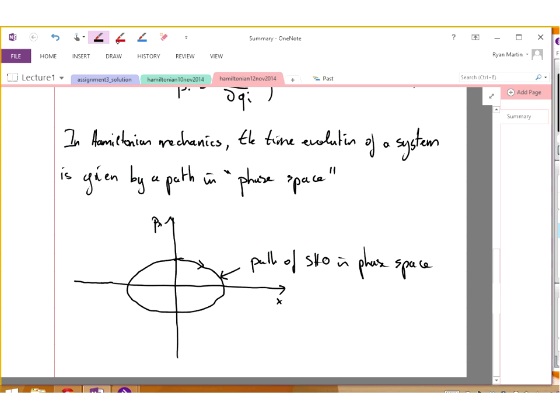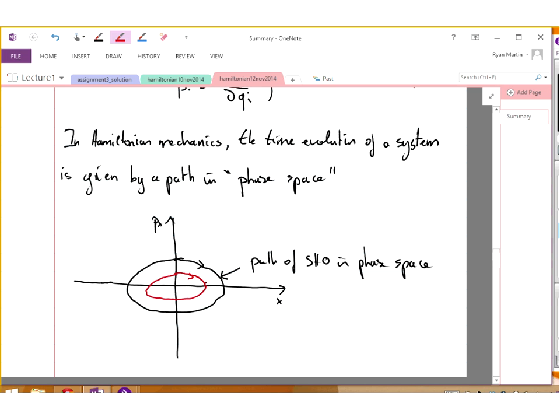And we saw that different energies lead to different paths in phase space.